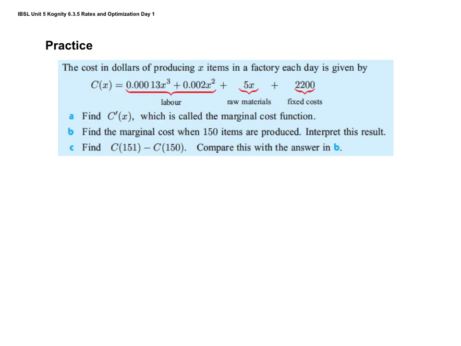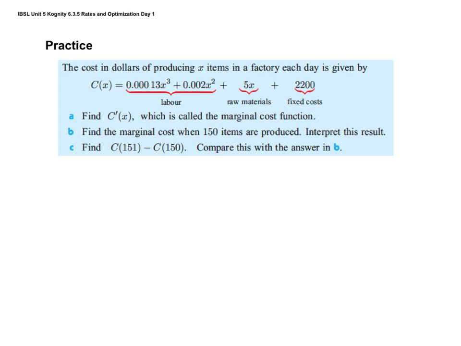In other words, we're going to owe this much every day, or spend this much every day, whether we produce anything or not. Okay? And then there were basic raw materials. It costs $5 for every item that we use just for the materials to produce it. Okay? And then the labor.